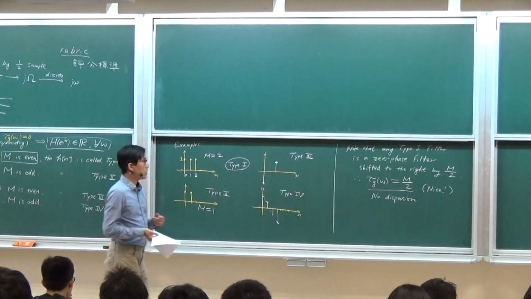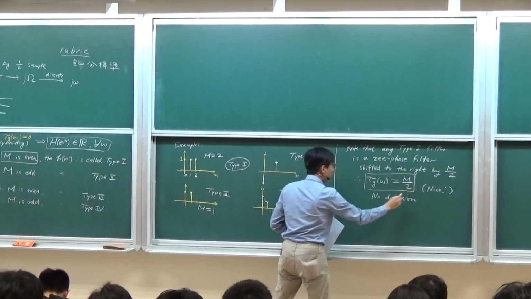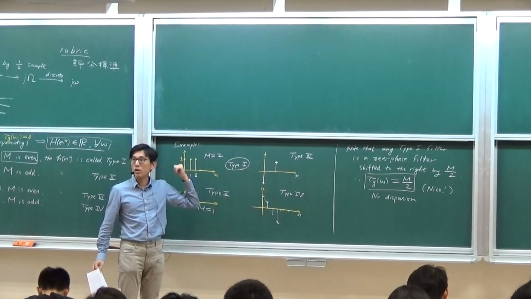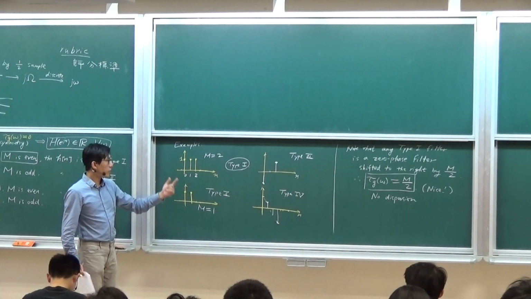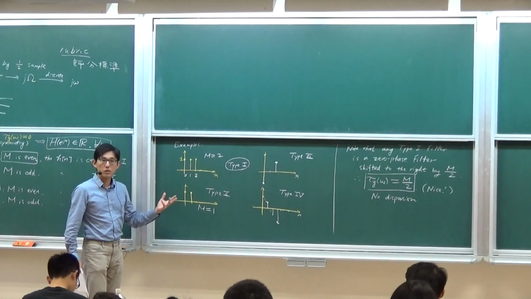So a constant group delay is a nice property of this kind of FIR, for type 1. And surprisingly, type 2, 3, and 4 all have the same nice property. So that's why we need to talk about it.